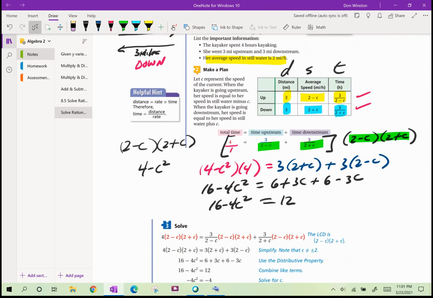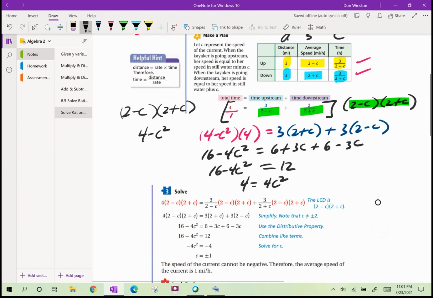And then, if I subtract 12 and add 4C squared to both sides, I'll have 4 equals 4C squared.